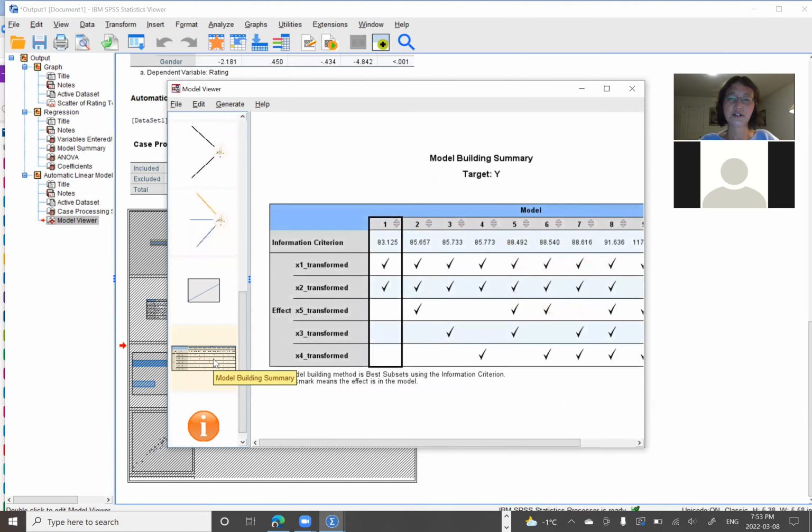So the last table is a building summary, the model building summary. As you can see here, we used information criteria. So the smaller the number, the better the model. The computer actually tried 10 different models, but only this model is the best model.